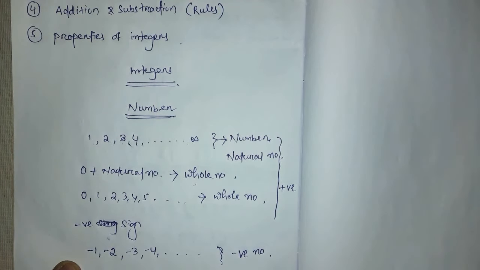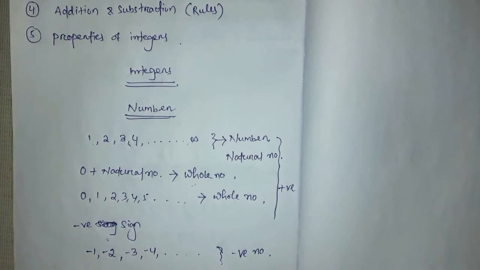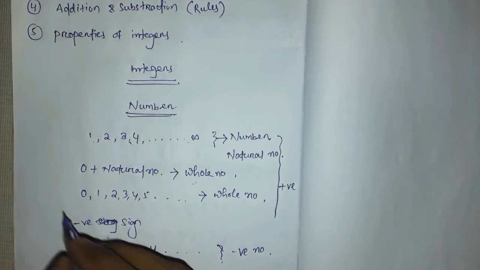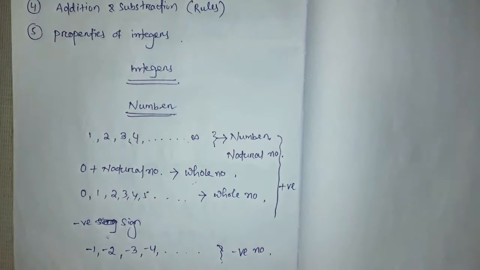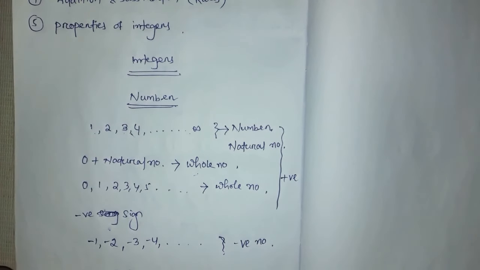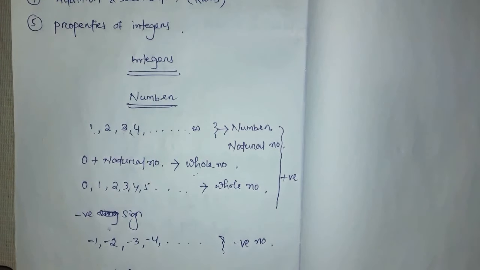Okay, so till now we learned what is a number, what is a whole number, what is a positive number, what is a negative number. Then come to integer. What is an integer? If we combine all the positive numbers, all the negative numbers and 0, then all that we can say is the integers.